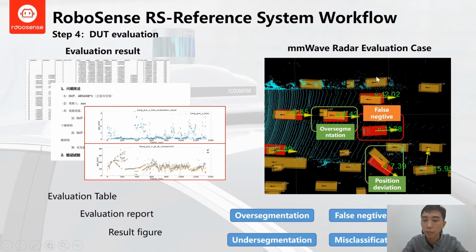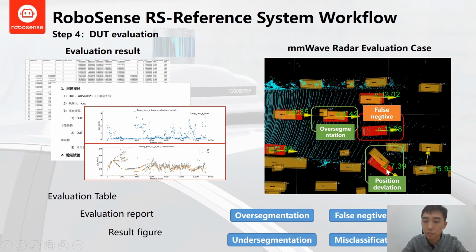So here you can see from this figure, it shows three very common problems of radar detection. So here is the over-segmentation. The right box is the ground truth data. There is a vehicle here, and the radar output two targets here. So it's an over-segmentation. Here for this one, it's false negative. Actually, there is one vehicle here, but no result from the radar.